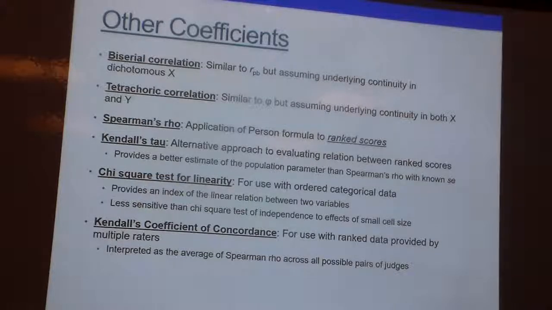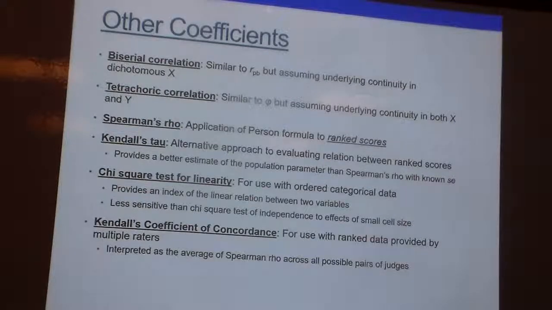And so in this case, it would mathematically and theoretically make more sense to calculate a biserial correlation, because even though I measured this as a dichotomous categorical variable, I'm assuming an underlying continuity, okay? Same thing for tetrachoric correlation, similar to Phi, but I'm assuming that the construct X and the construct Y both exist on a continuum, not on a dichotomous level.